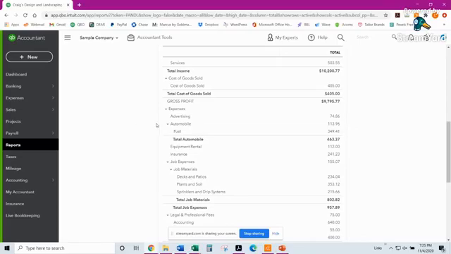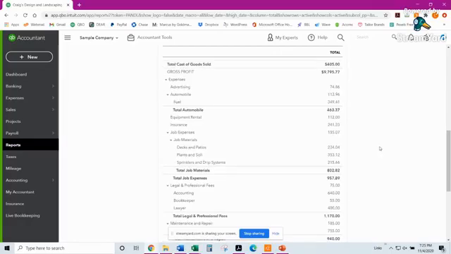And then we've got all of your expenses, your advertising, your auto expenses, which would be fuel, any maintenance on your vehicle, could be tolls, things like that. Equipment rental, I'm kind of surprised that they put that here and not up here in the cost of goods sold.